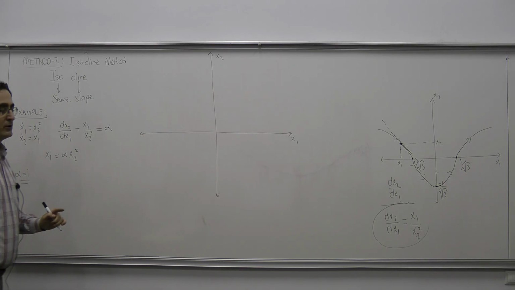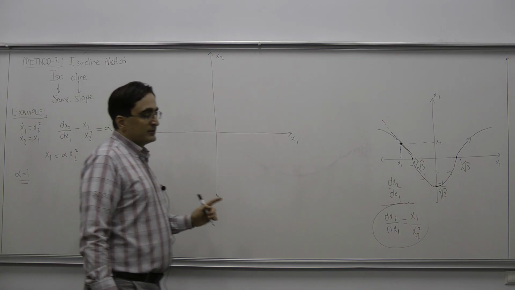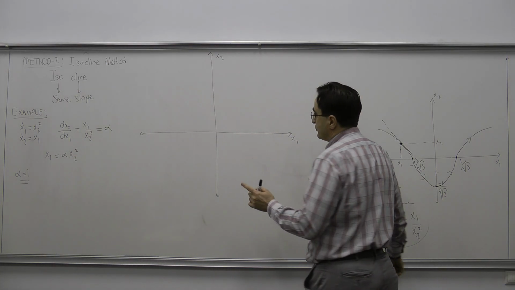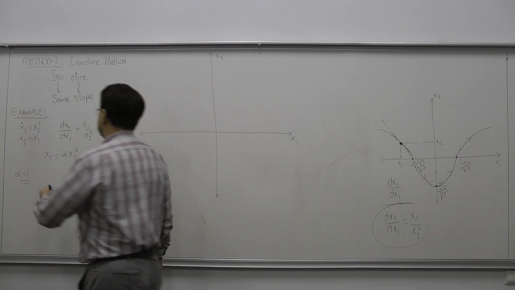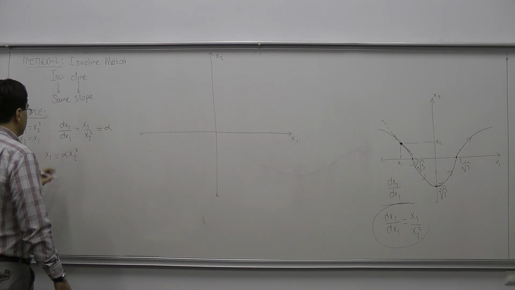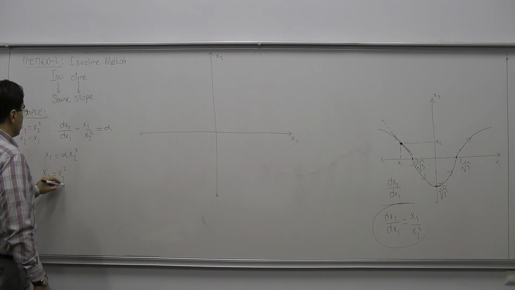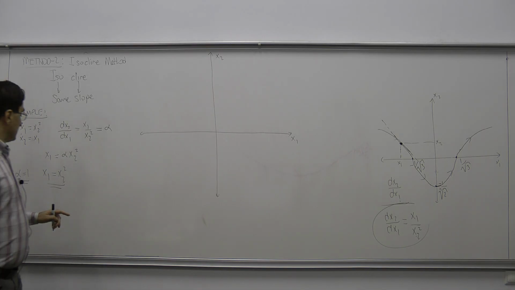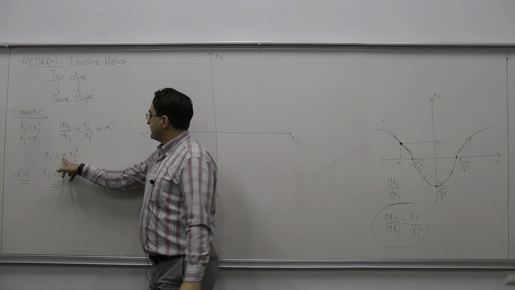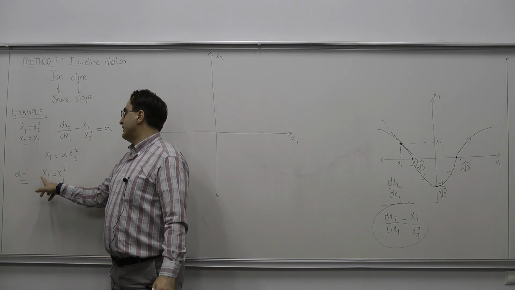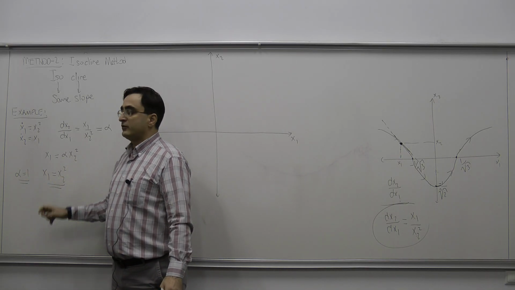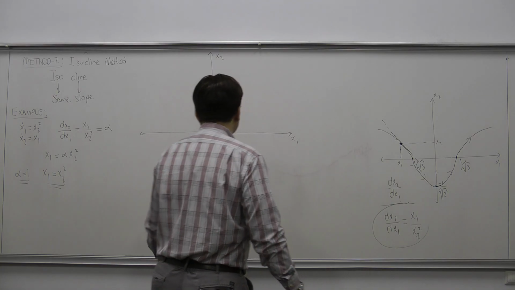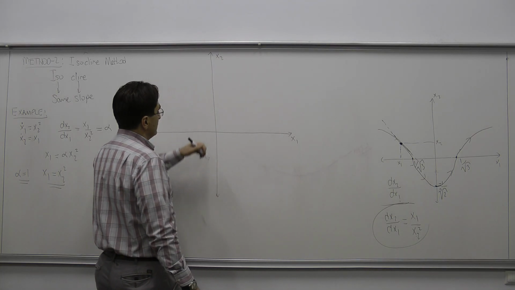When alpha is equal to 1, that means the slope of the trajectory on each point on the curve x1 equals x2 squared will be 1. So I have substituted alpha equals 1, and that gives me the equation x1 equals x2 squared. Let us try to draw that curve.